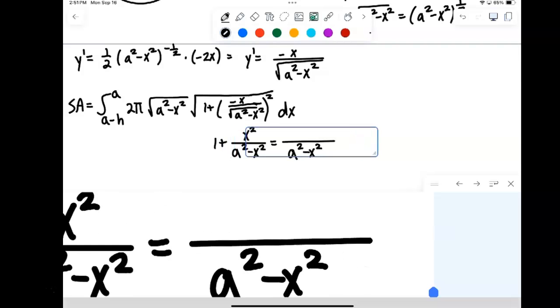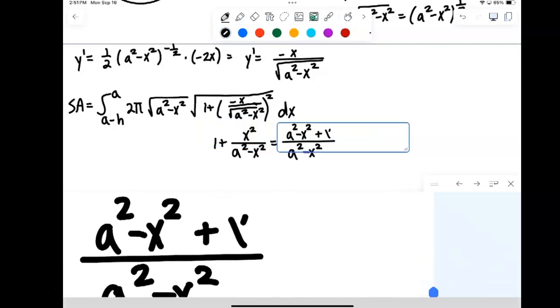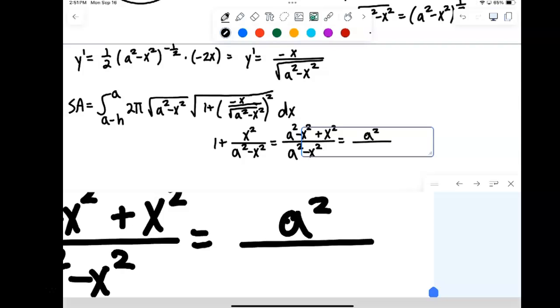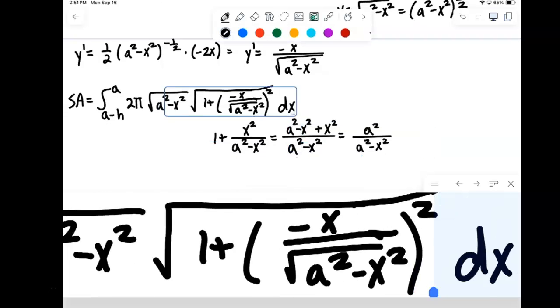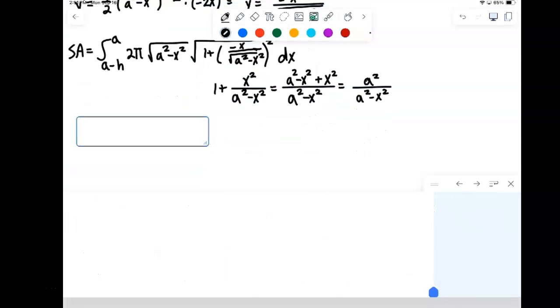So the 1 over there would just be, in the numerator, a squared minus x squared, and then plus the x squared that's there. So the x squareds cancel out, and we get a squared over a squared minus x squared. Now all of that stuff is inside the second square root there.